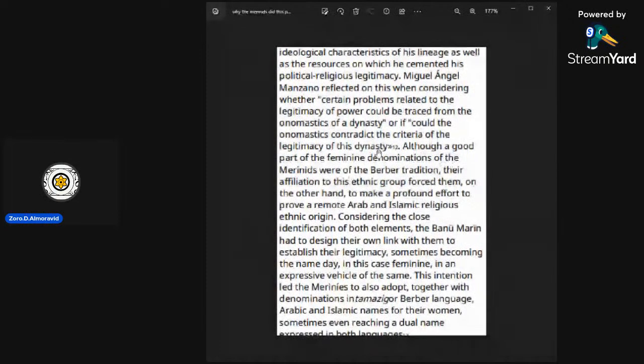Although a good part of the feminine denominations of the Marinids were of Berber tradition, their affiliation to this ethnic group forced them, on the other hand, to make a profound effort to prove a remote Arab and Islamic religious and ethnic origin.